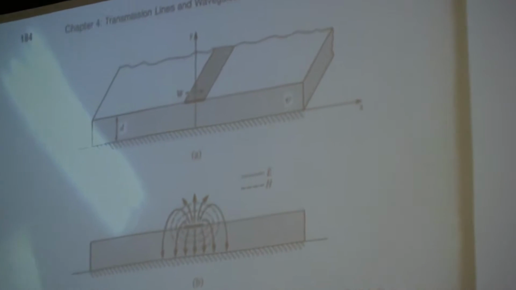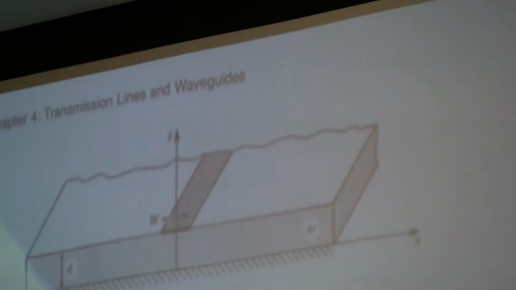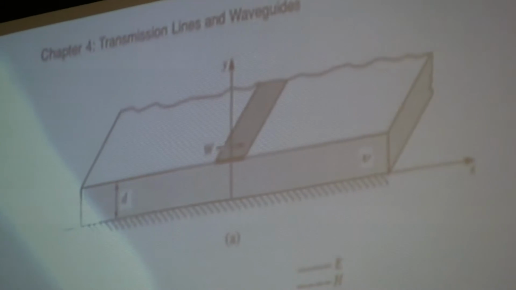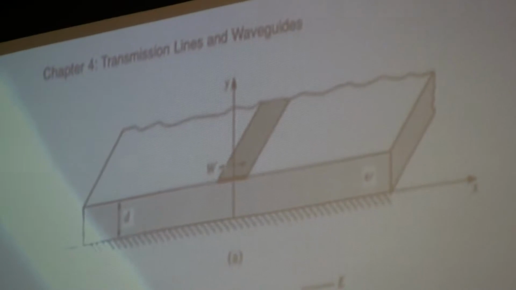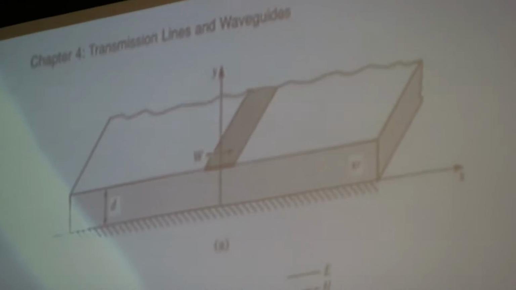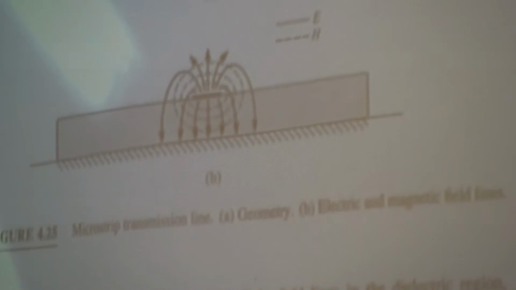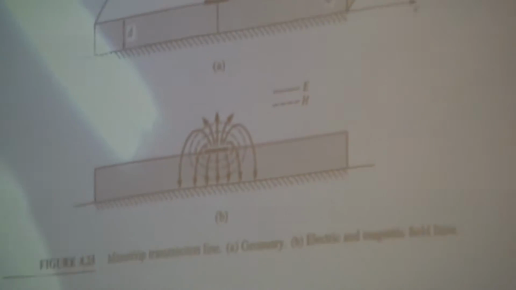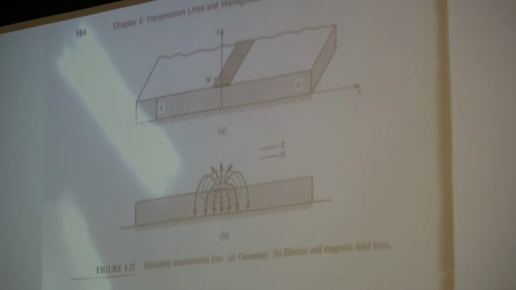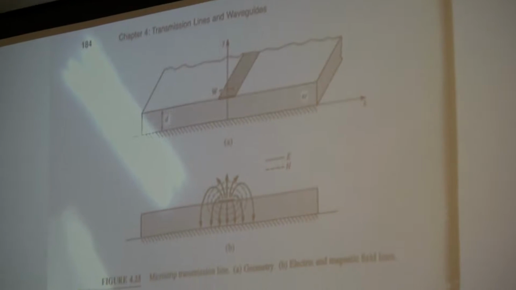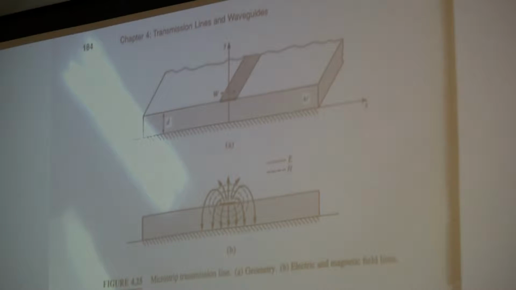You have a microstrip or a strip width of W. Again, you will see that the expressions here neglect the thickness. There are other expressions that consider the thickness, and basically it's sitting at a height D from the ground plane, which is a typical situation.